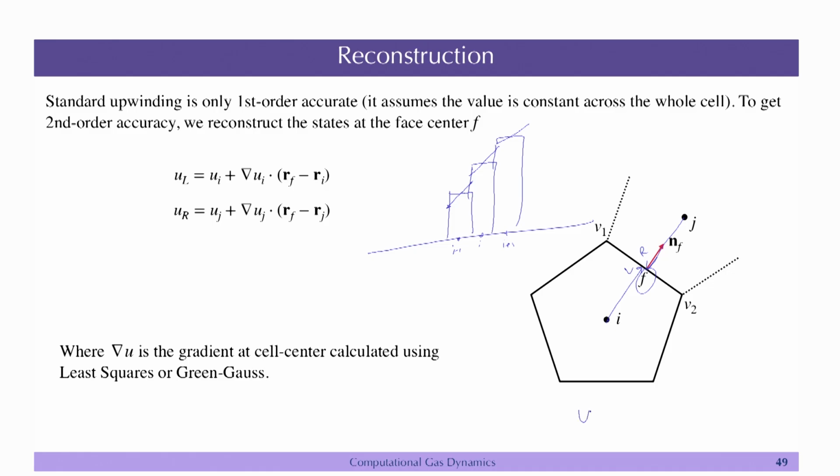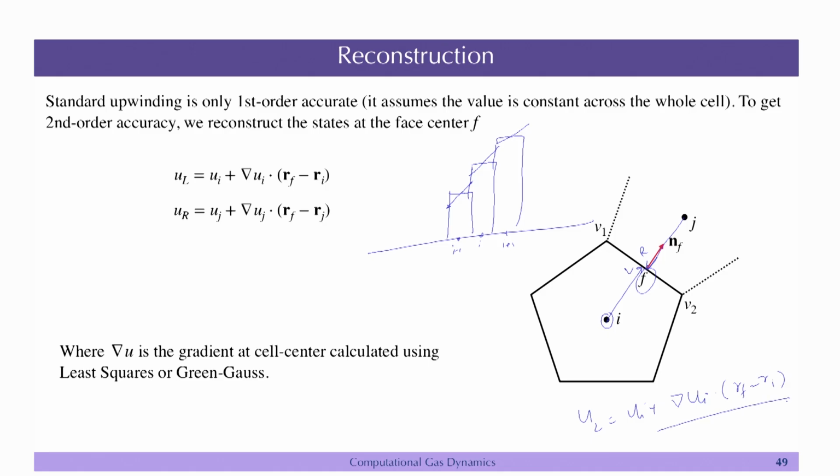So what will be the value of L? u_L will be the value that you have, u_i, plus the gradient that you have, delta u_i, dot the distance, r_f minus r_i.